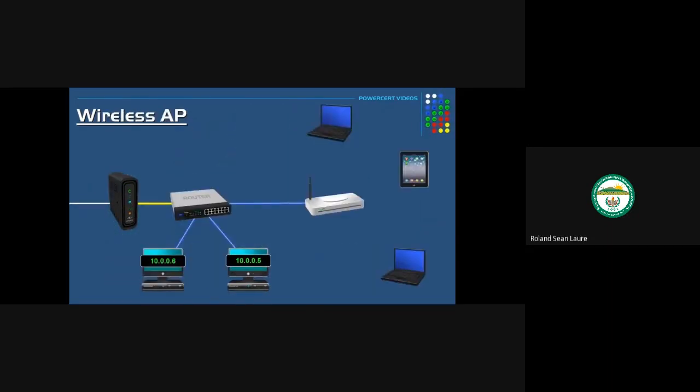But since wireless APs don't have a DHCP service, the devices that are connected to it will get their IP address from the organization's router. So once a device connects to the wireless AP, the router will send the IP through the wireless access point and then to the device.